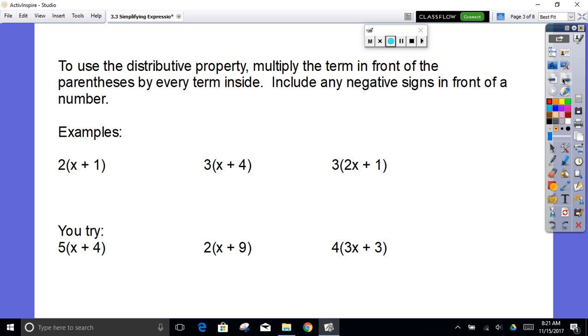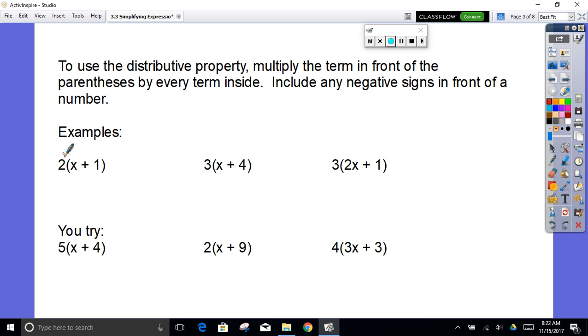Okay, to use the distributive property, the word distributive means to distribute. So if I were going to distribute candy to all of you, I would be giving each of you a piece of candy. When we use the distributive property, we're taking the term in front of the parentheses. This example says 2 times the sum of x plus 1. We're going to distribute the 2.